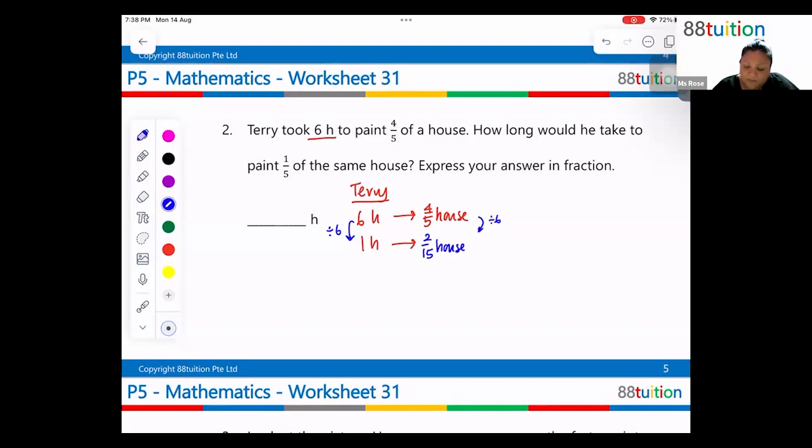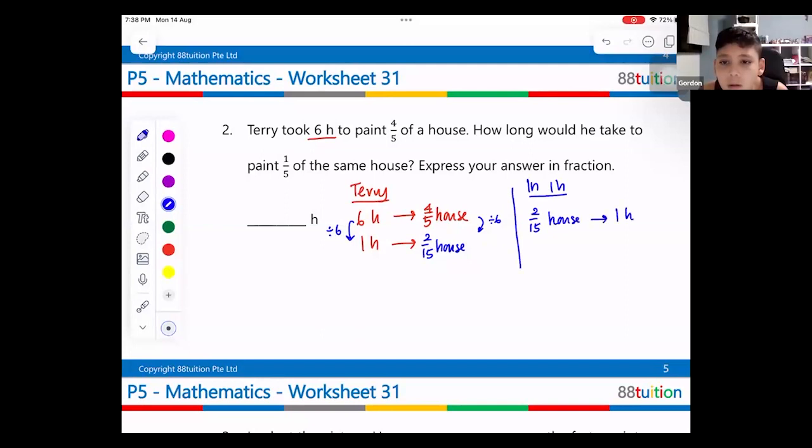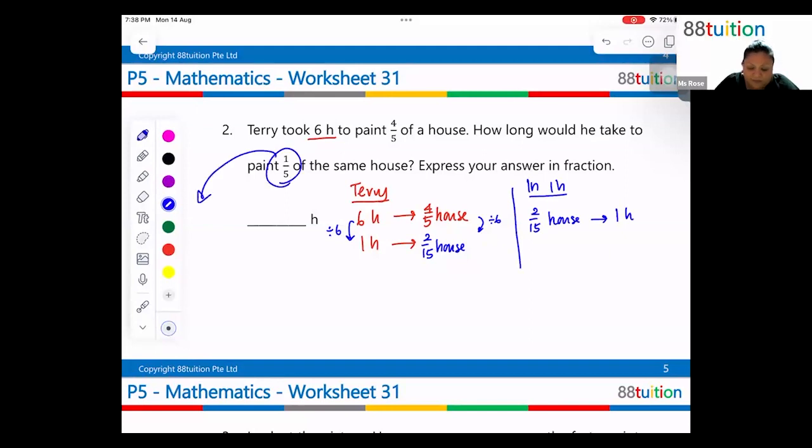Now I know that in 1 hour, 2/15 of a house is painted. So if I want to express this in terms of 1/15, 1/15 of a house can be painted in half an hour.